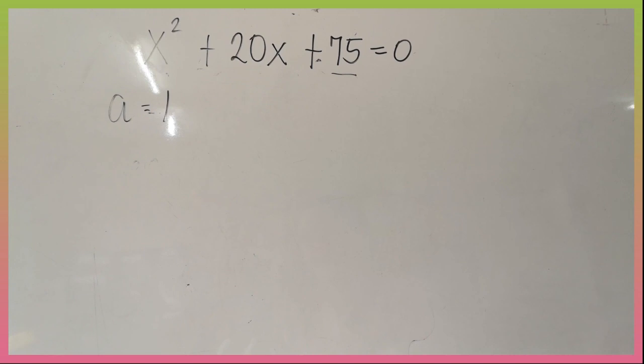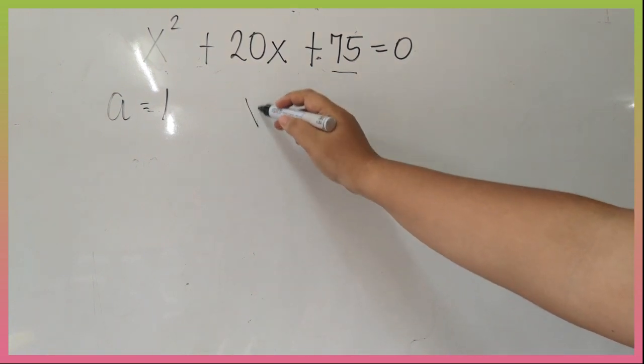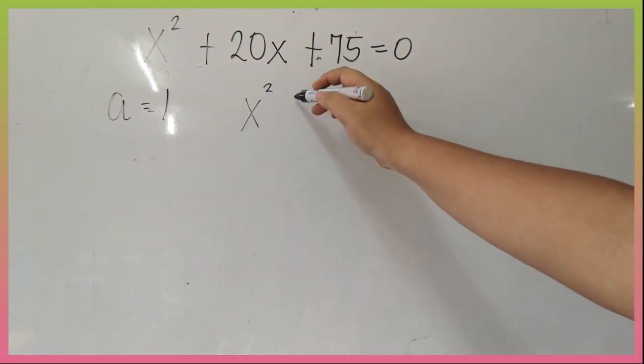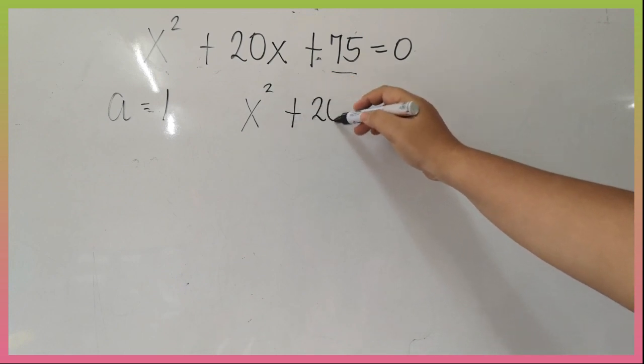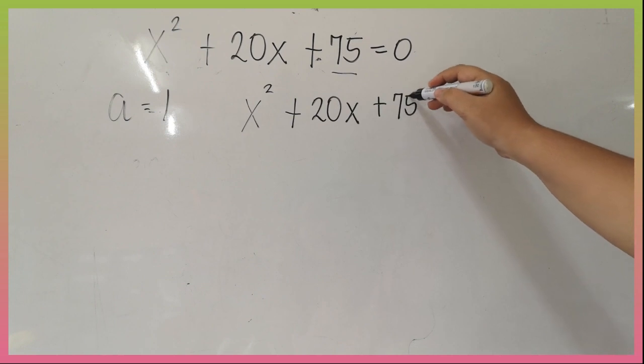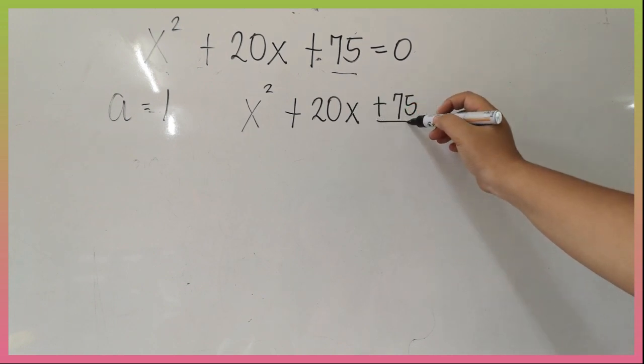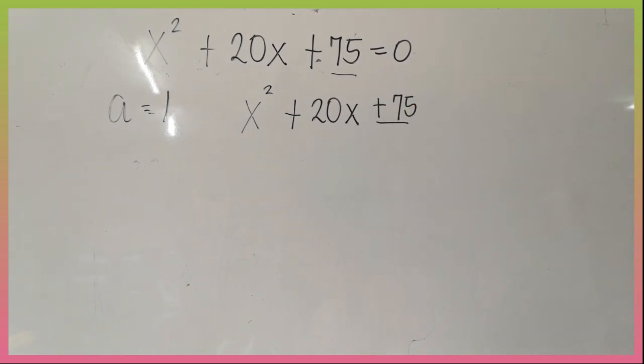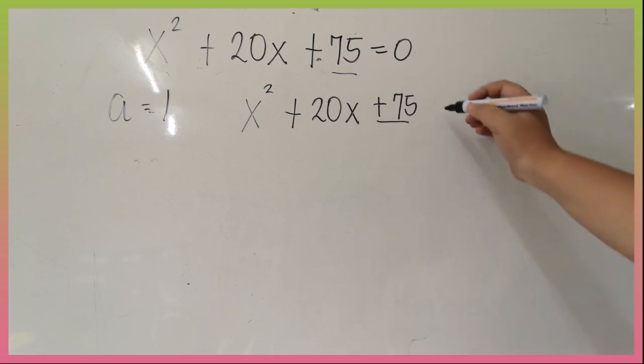And it goes like this: x squared plus 20x plus 75. 75 is positive. Therefore, we will subtract 75 from both sides of the equation.